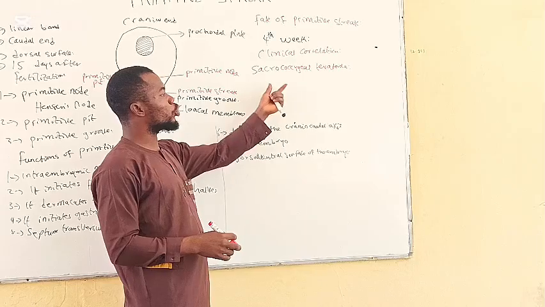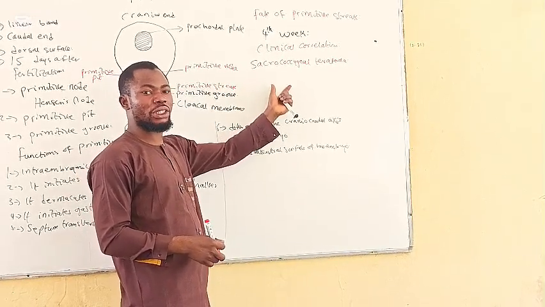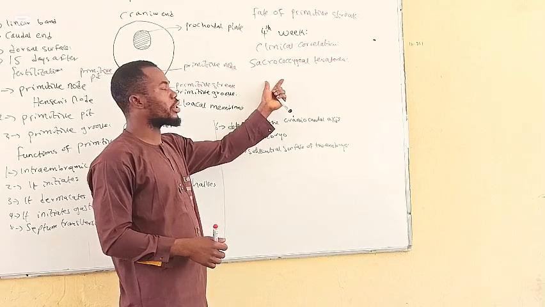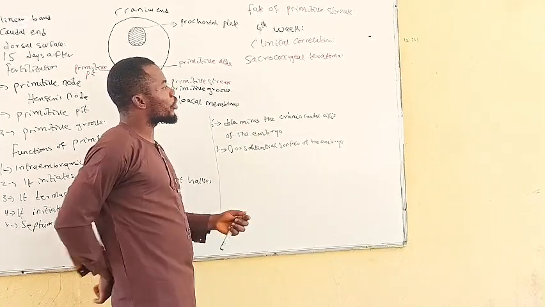So it is a tumor that is formed as a result of the failure of the primitive streak to disappear at the end of the fourth week, and it usually appears at the coccygeal region.